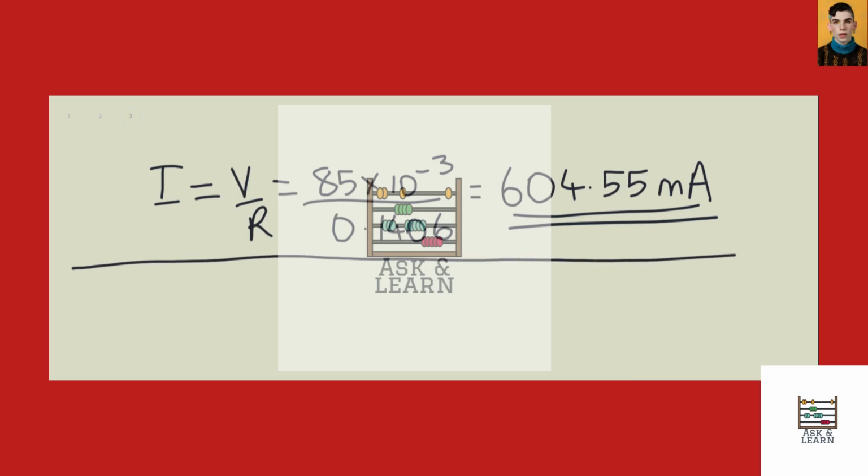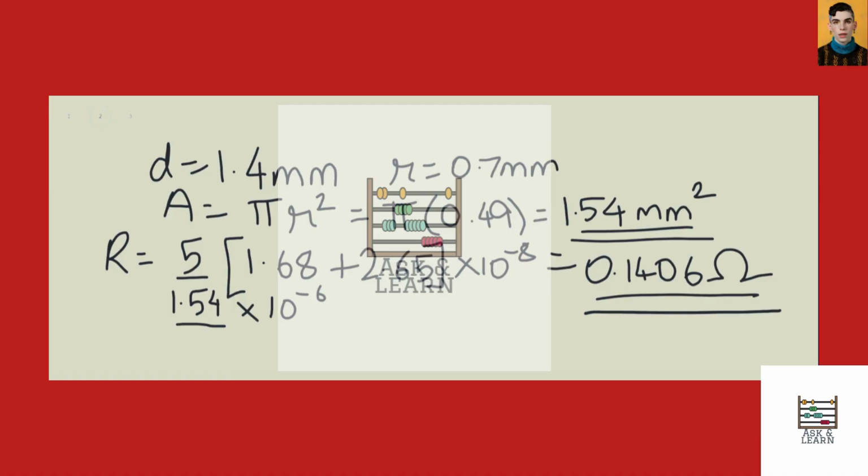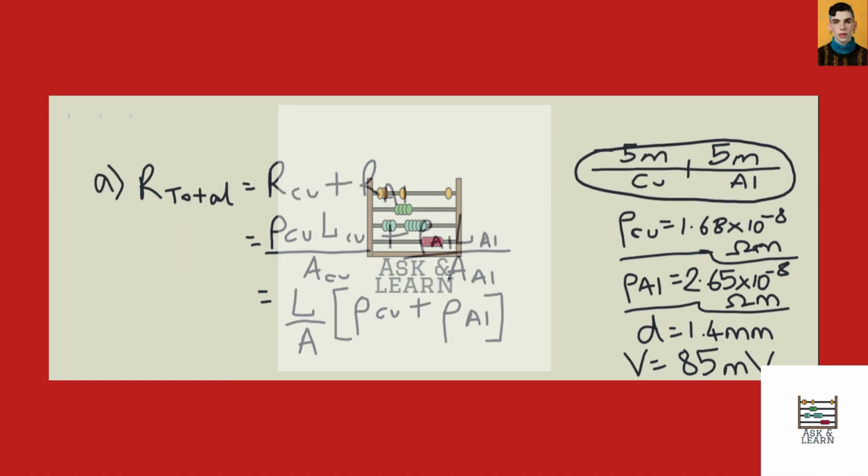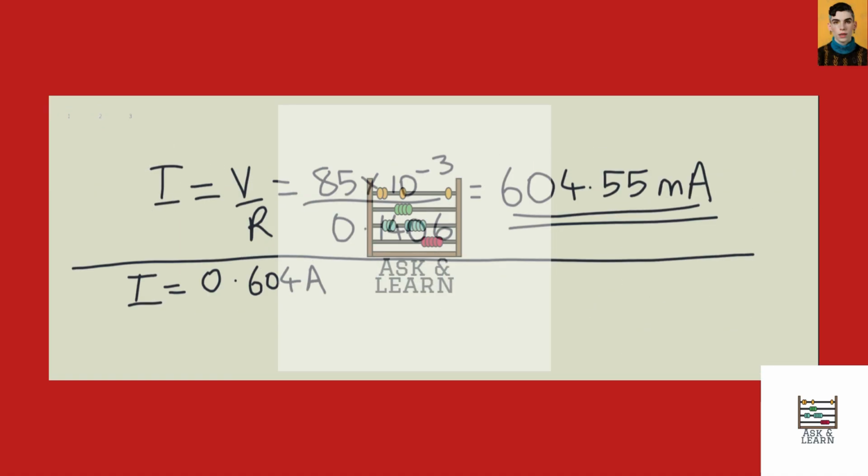So we know the current, which is 604 milliamps. I'll just write this in terms of amps actually, 0.604 amps. We're looking for the voltage across each section, aluminum and copper.